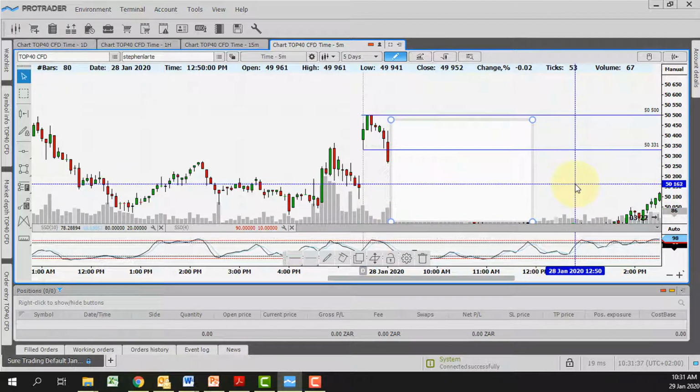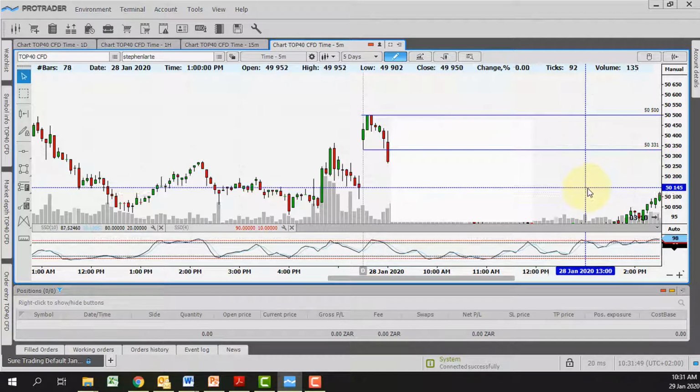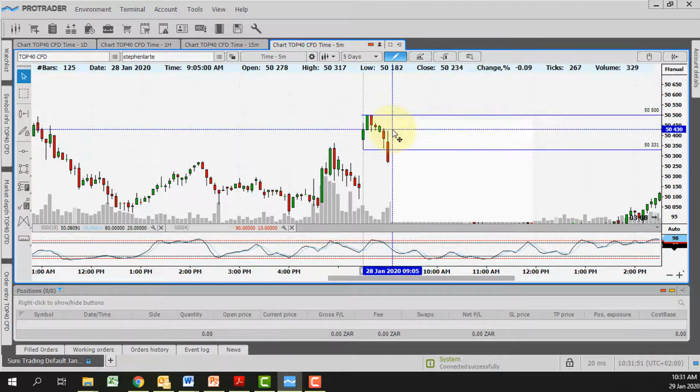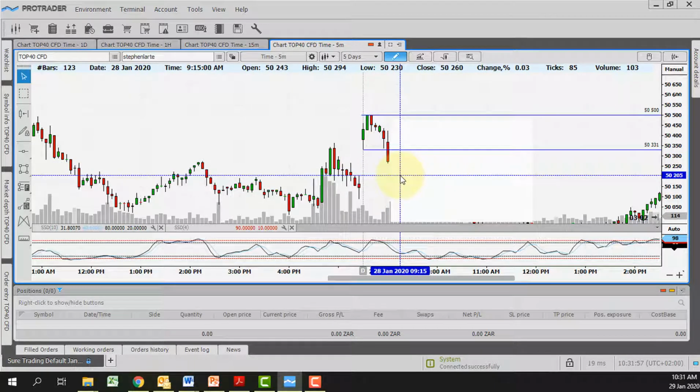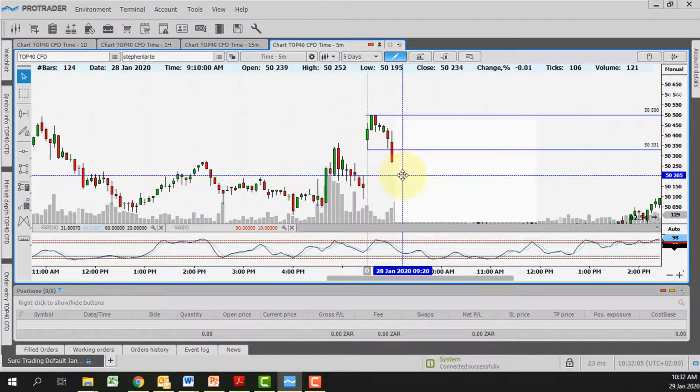Okay, right off the bat, we have a breakout through the bottom of the range. Now, in order for you to enter the trade, the candle must be completely closed and a new candle must form. And as soon as the new candle forms, which confirms the close outside of the range, we will enter a short position.